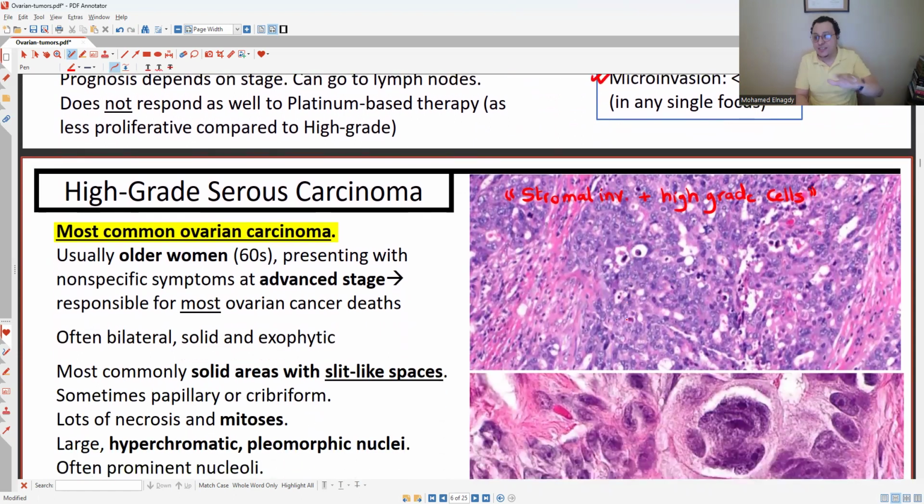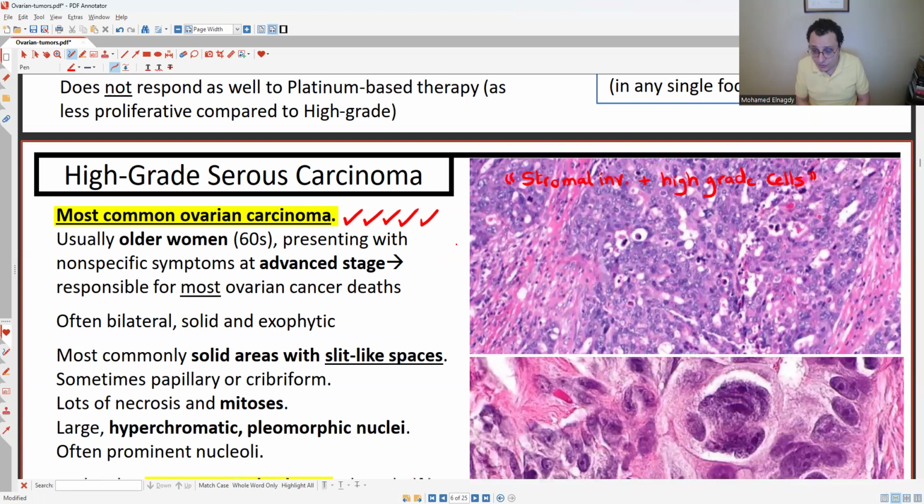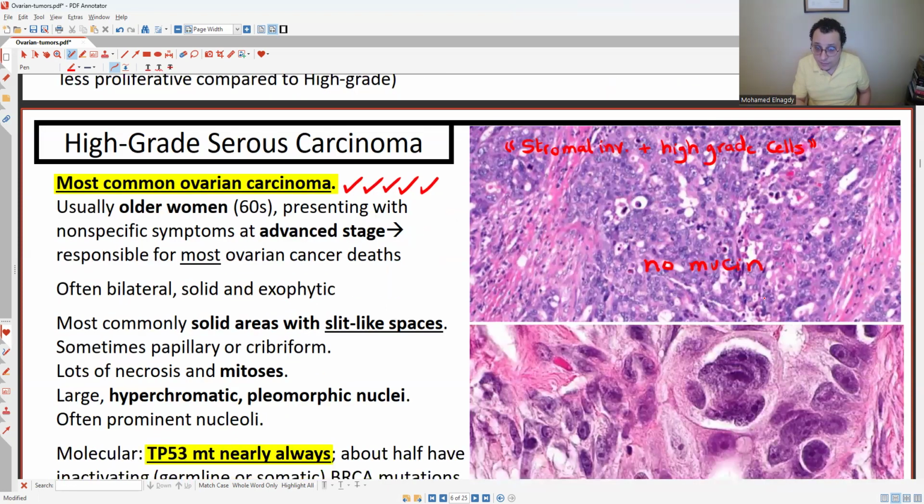Then high-grade serous carcinoma. Oh, okay. This is the most common ovarian carcinoma. This means it's very boardable, very testable. Well, I see serous cells or mucinous cells? Well, no mucin. I don't see any mucin here. So are the cells invading the stroma or not? Yes, they are.